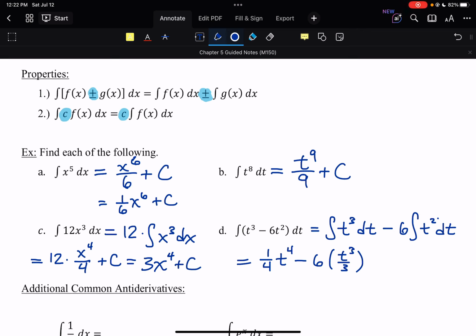Again, if you recognize that that's going to be a 3, you could pull the 3 out of the 6, and you'd be left with a 2. But either way, you'll get the same thing when you cancel that. And then we can't forget the plus c. Something like that.